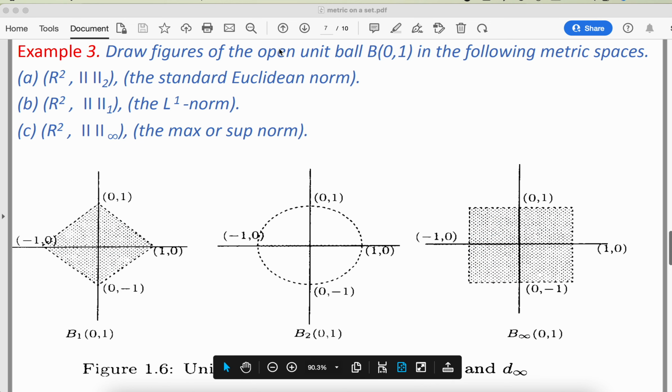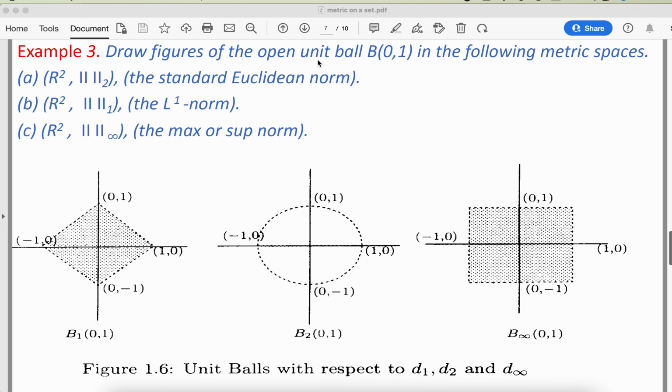Draw the figure of the open unit ball centered at 0 and radius 1 in the following metric spaces. Here we will notice that the shape of the unit ball, in fact the open unit ball, will change with respect to the metric. In the first case we have considered the standard Euclidean norm.